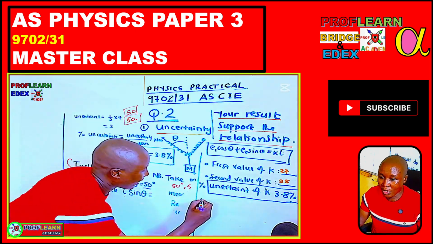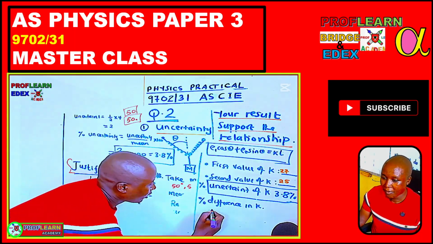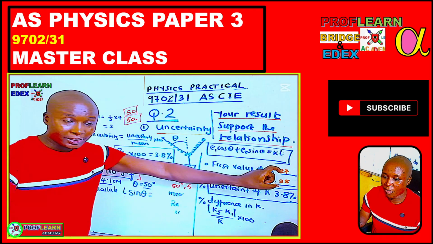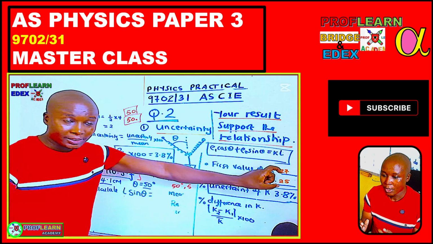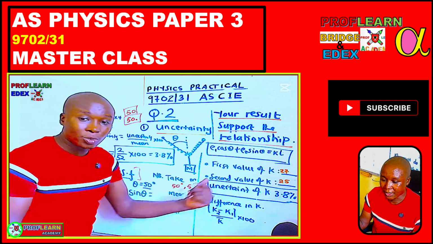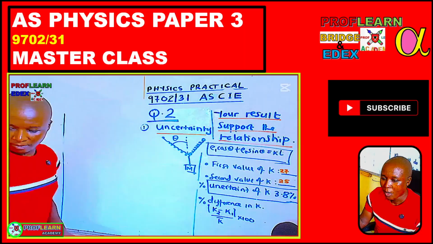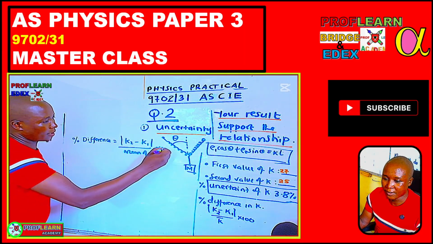So in that case, you are going to work out the percentage difference of k, and the percentage difference formula is usually k2 minus k1, taking the absolute value, over the mean of k, the average value of k. You add the two values, k1 and k2, together and divide by 2 because they are two.